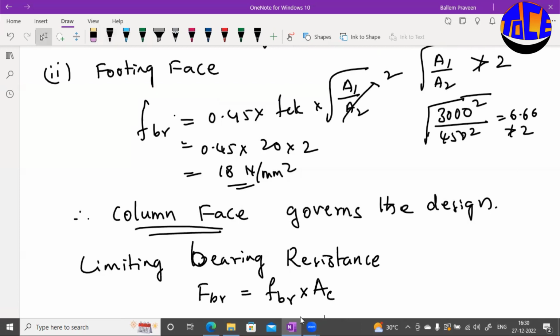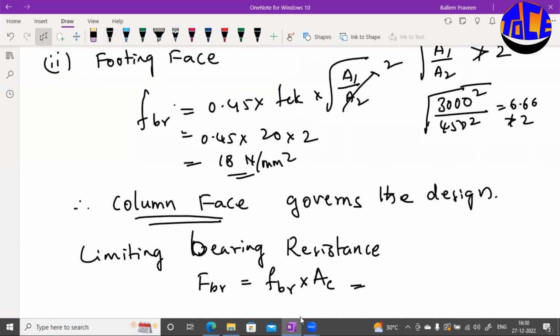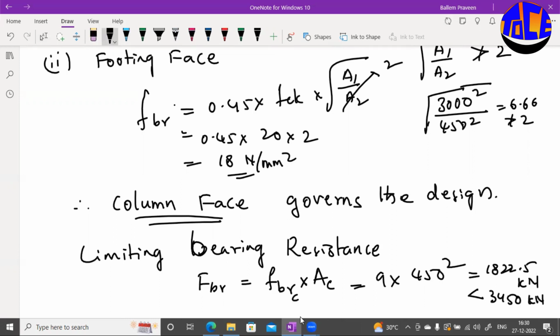So it will be 9 into 450 square, around 1822.5 kilonewtons, which is less than the compressive force we have calculated, 3450 kilonewtons, the factored compressive force below the column.